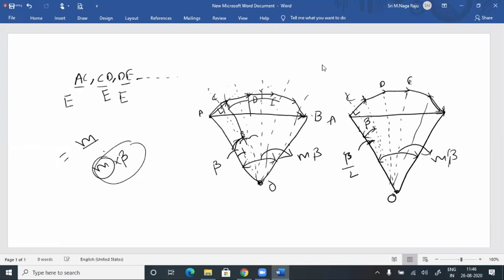Now this is OA, this is OC, and this is AC. Fine. Now, what is the magnitude of vector AC? The magnitude of vector AC equals E. Yes or no?